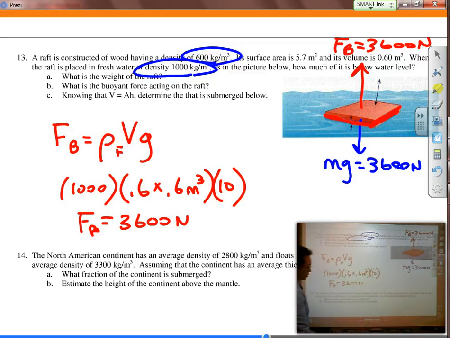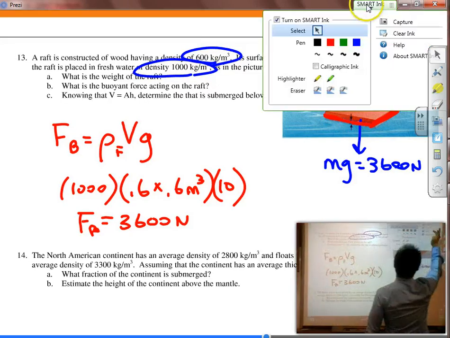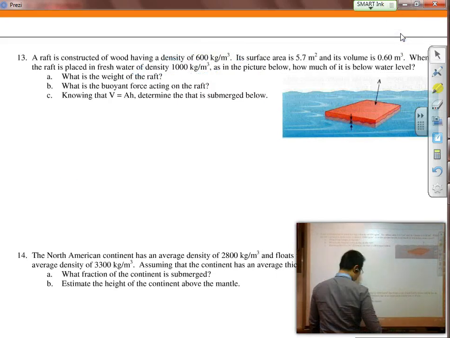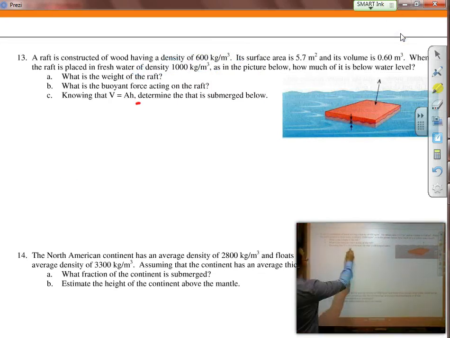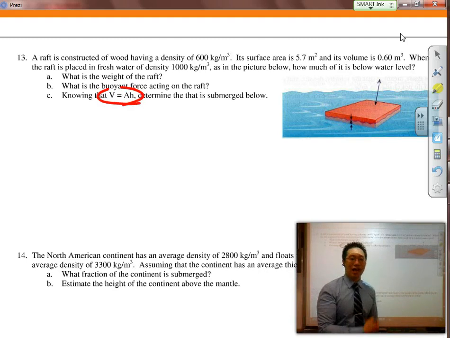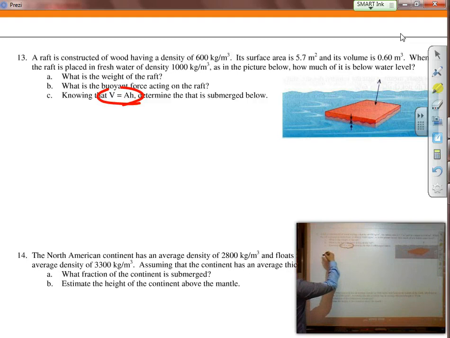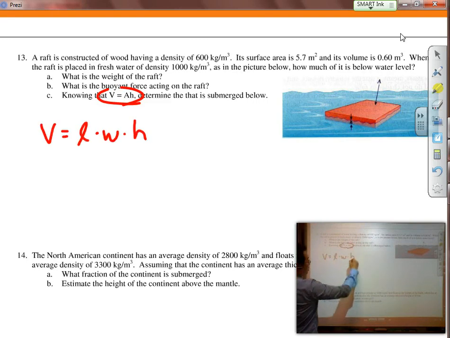And if they ask us, knowing that volume is equal to area times height, how much height is actually submerged below? Well, we know volume is equal to length times width times height. That's how we get area times height.